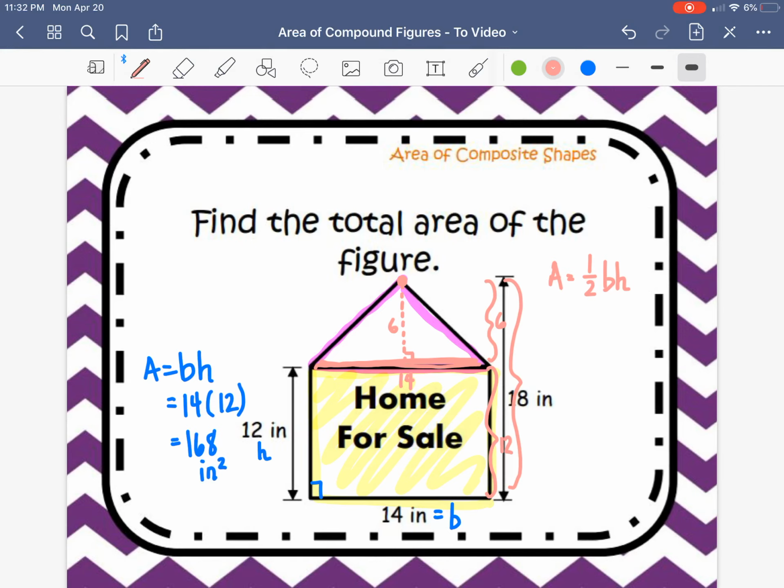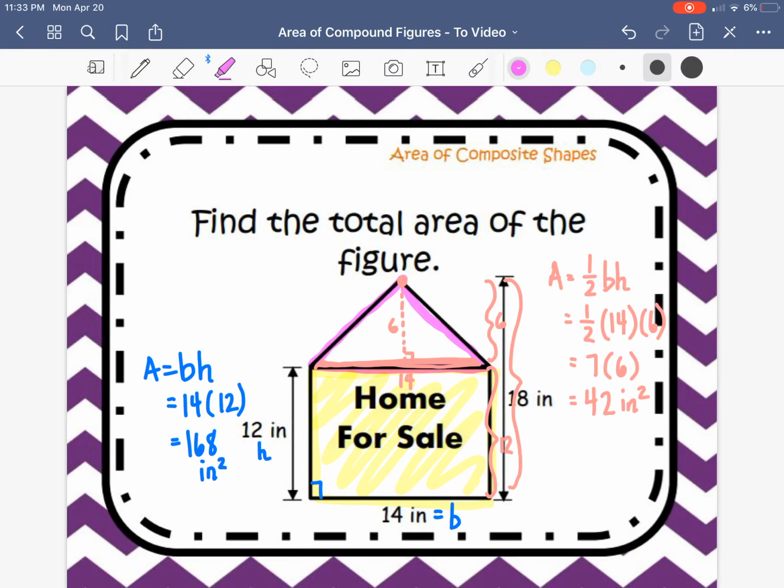Now that I know the base and the height of the triangle, substitute it into our formula. 1/2 times 14 times 6, and then do the math. 1/2 of 14 is 7. 7 times 6 is 42 inches squared.